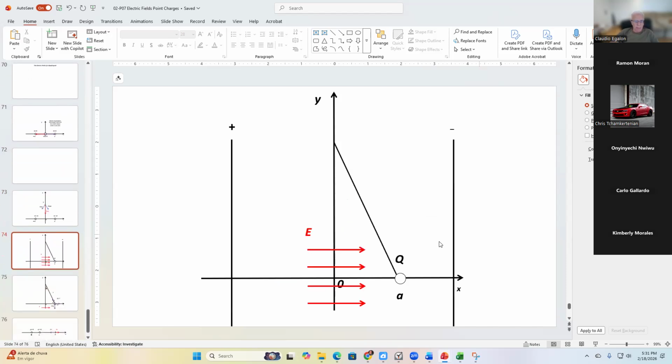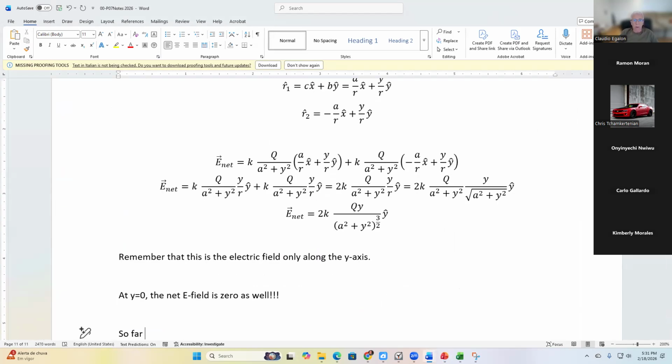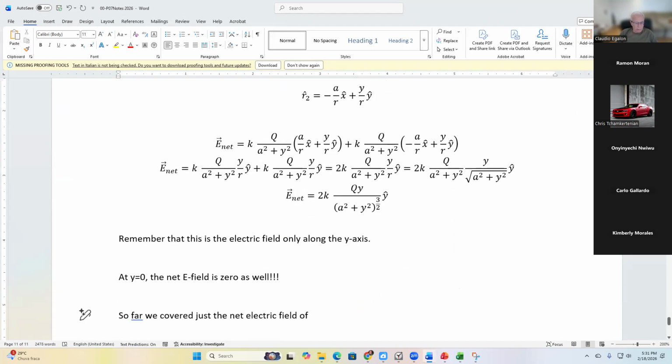So far we covered just the net electric field of a point charge and 2 point charges.